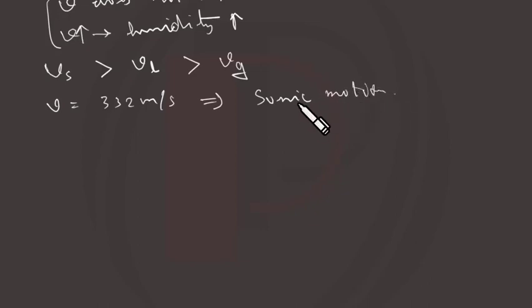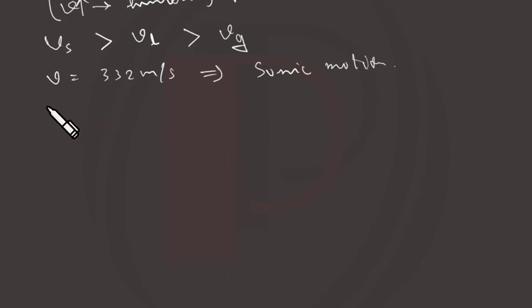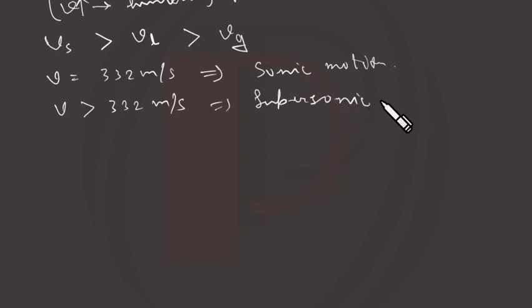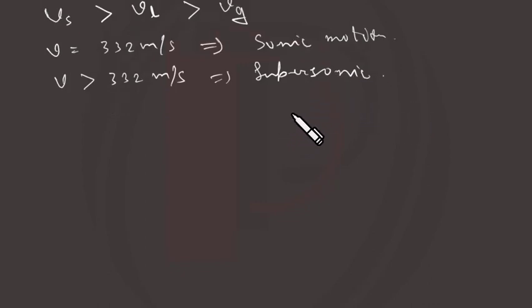Any velocity which is more than 332 meter per second through air is known as the supersonic velocity or supersonic motion. Like we know that some of the warplanes are supersonic.